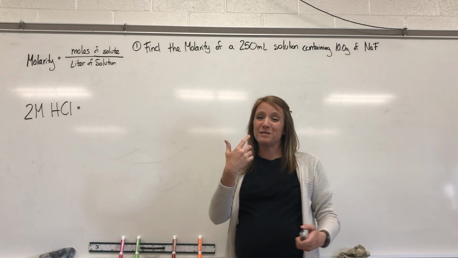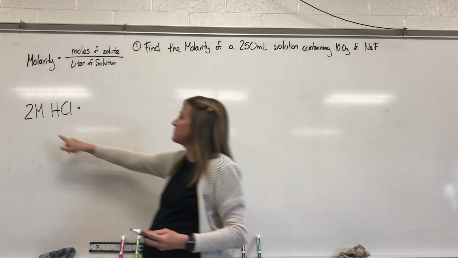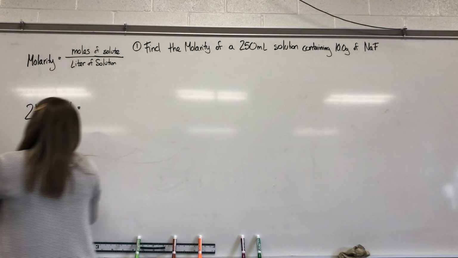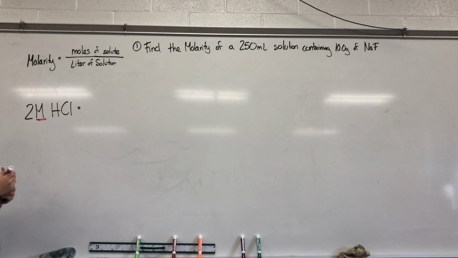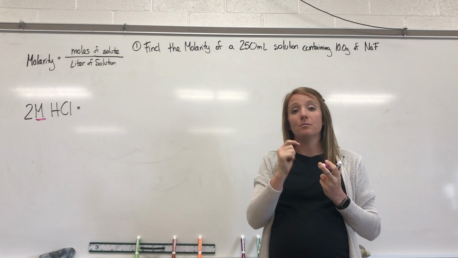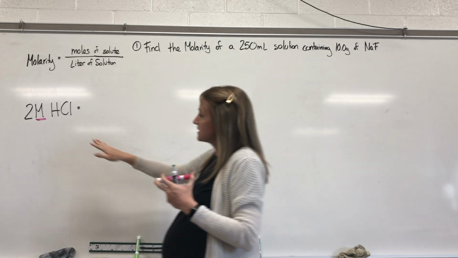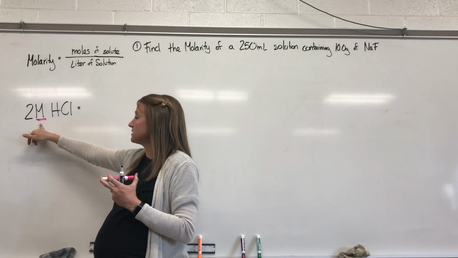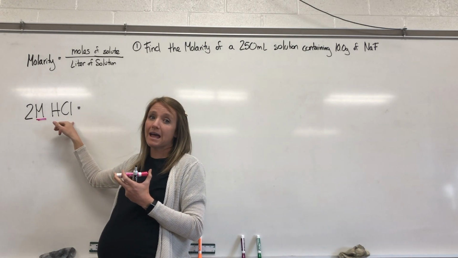Molarity is represented by the capital letter M. When we see this capital letter M, it's telling you the molarity of that solution. So this is saying that we have a 2 molarity solution of hydrochloric acid.